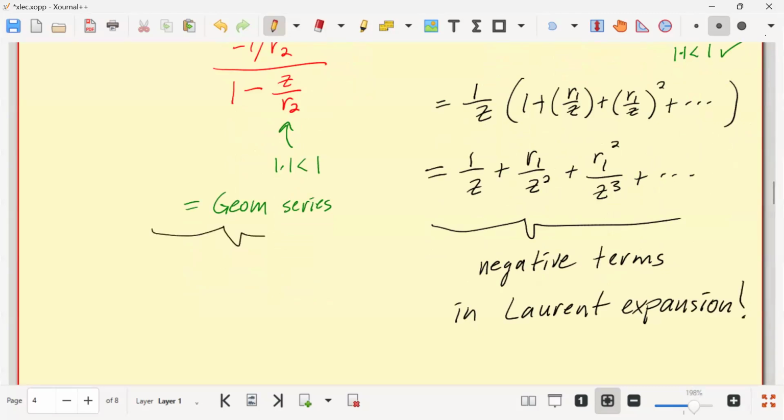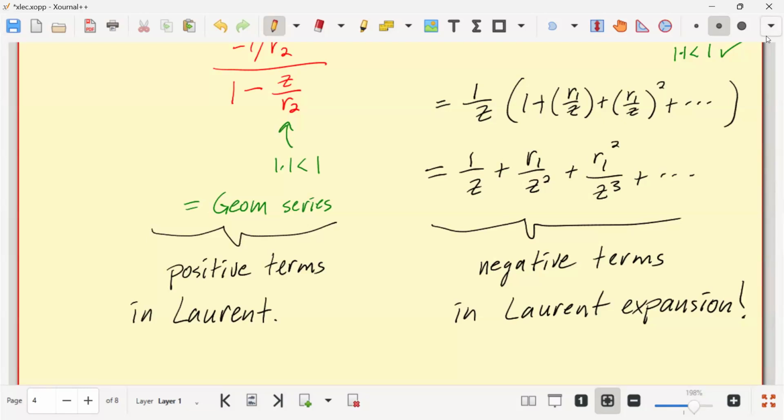And these are the ones on this side, that's with regular old power series. These are the positive terms in the Laurent expansion. And here's an interesting thing to consider. You might say, oh my gosh, this function has an essential singularity.